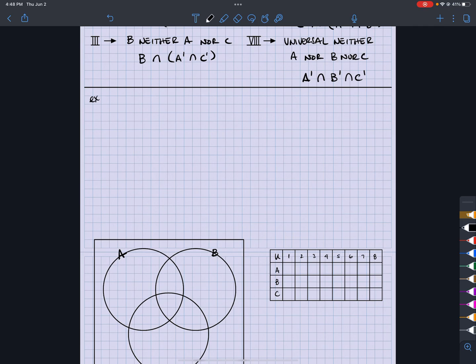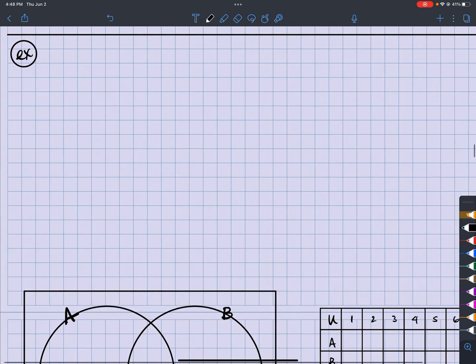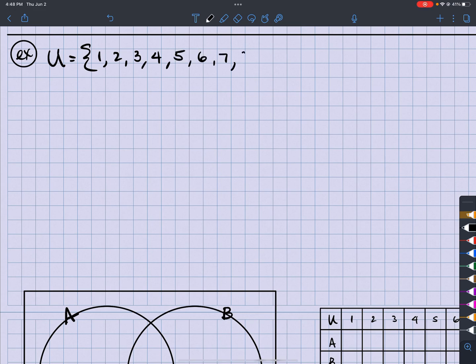The example says that you're given this: the universal set is going to equal 1, 2, 3, 4, 5, 6, 7, 8, and 9. Set A is going to equal 1, 2, 3, 4, 5.